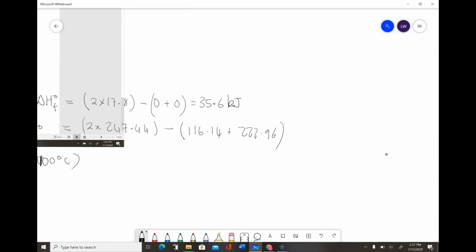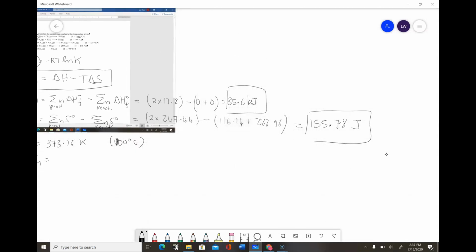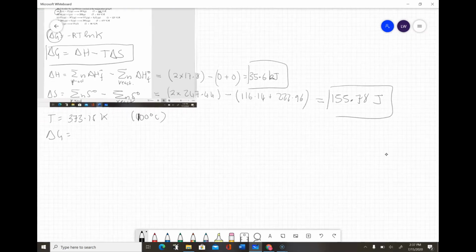And then that, once I do that, is going to give me 155.78. Now, the thing to remember here is that this is in joules. So my enthalpy change is in kilojoules, and my entropy change is in joules.